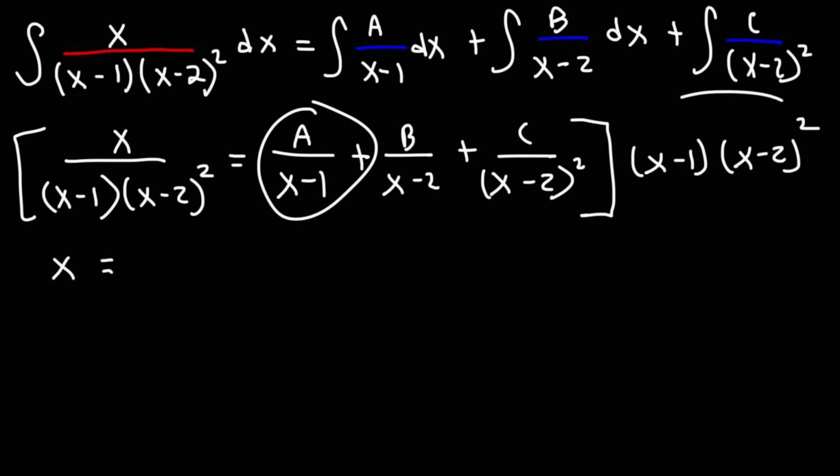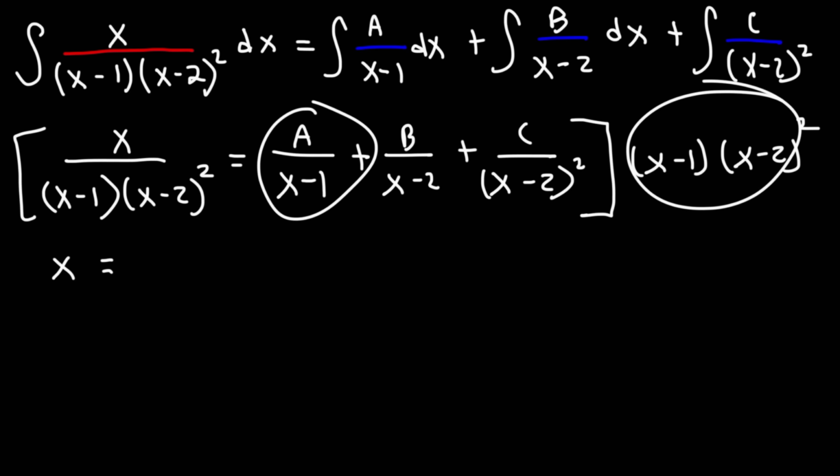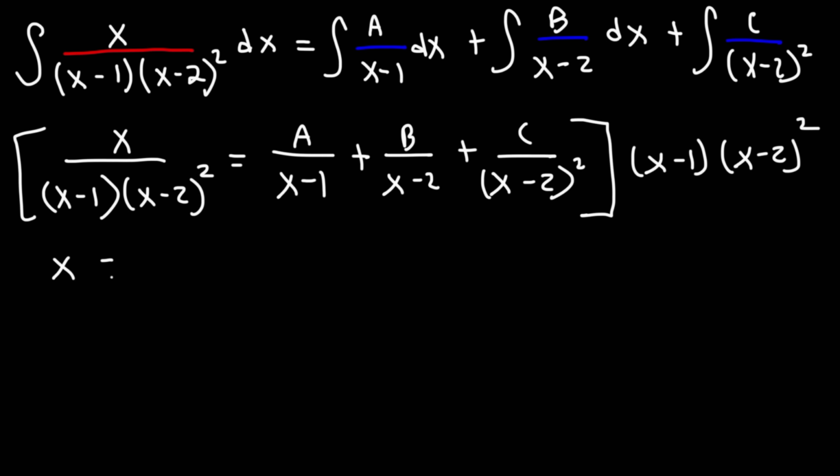When multiplying these two, x minus 1 will cancel, and we'll be left with a times x minus 2 squared. Next, when multiplying these two, only one of the two x minus 2 factors will cancel.